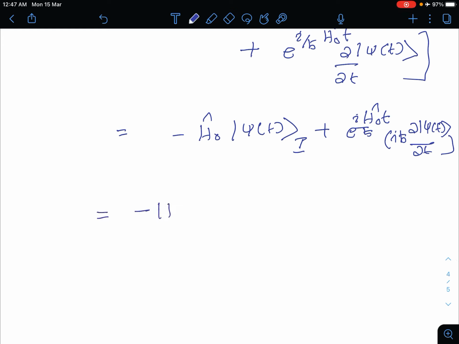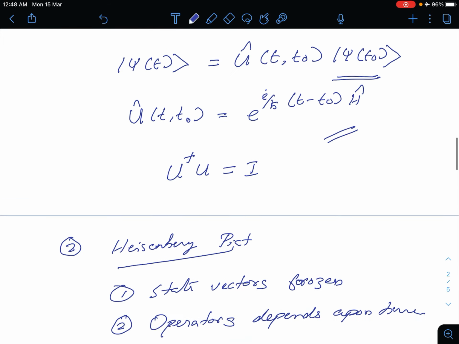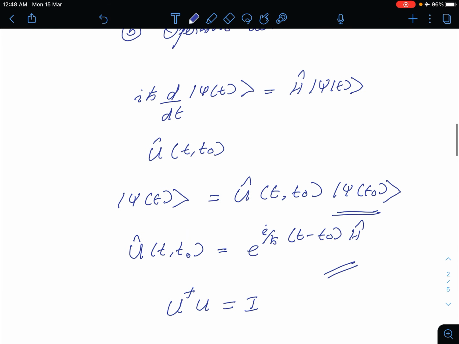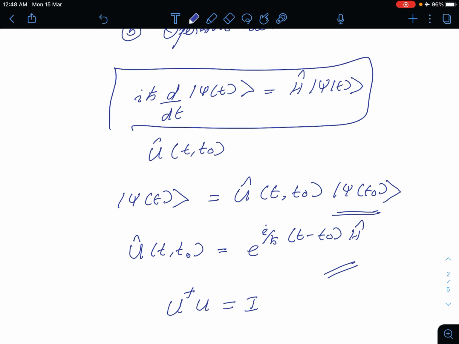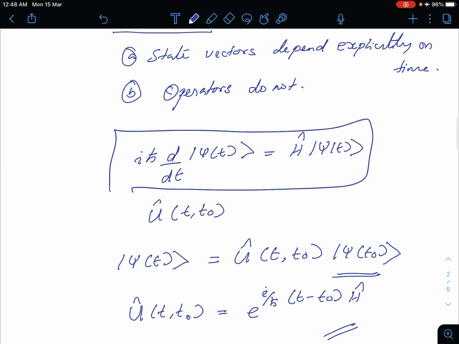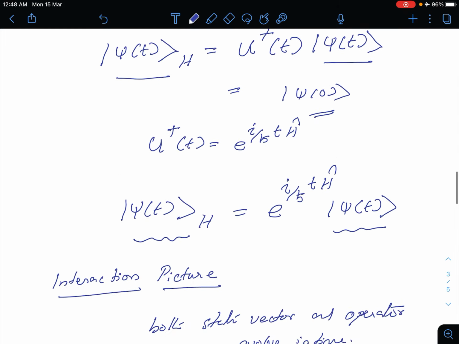Now that is minus H0 psi of t interaction plus e raised to i H0 t by h cross. What is this i h cross dou psi by dou t? In the Schrodinger picture, i h cross dou psi by dou t is simply H psi.